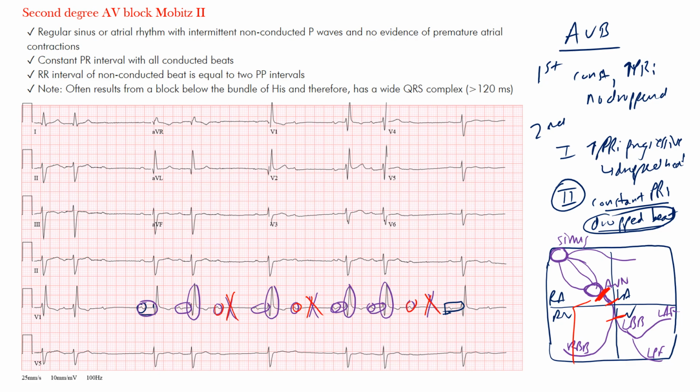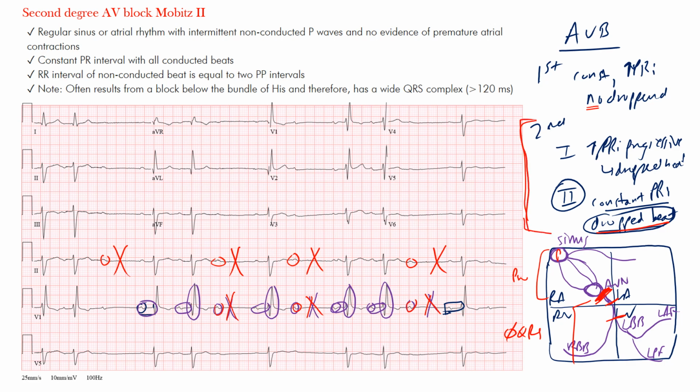You may have a P wave, because there's atrial depolarization, but then it cannot get through. So the P wave forms, it doesn't get through, so you have no QRS complex, and that's what we're seeing. A P wave here, no complex. P wave, no complex. Same thing here, and so forth. Notice that the big thing that's different from first degree is that there are dropped beats. Remember, in first degree, there are no dropped beats. So second degree and onwards, we can have some dropped beats, especially these two.